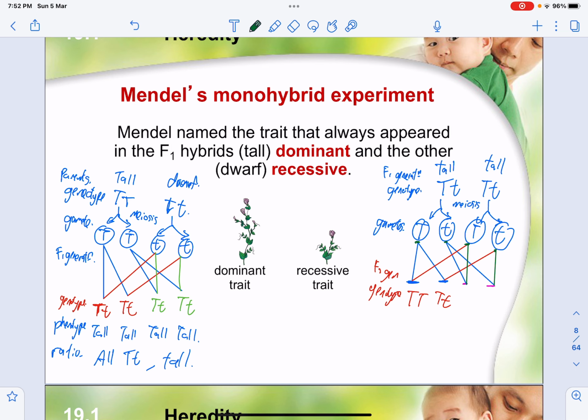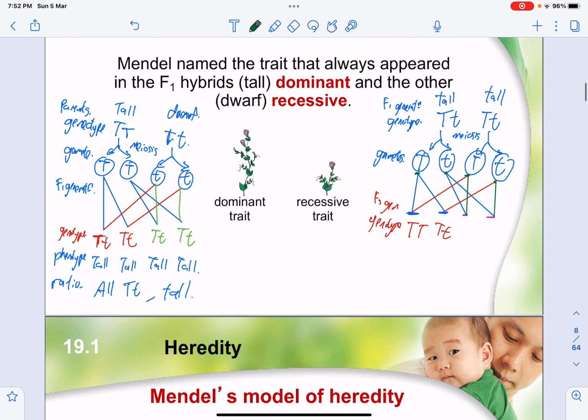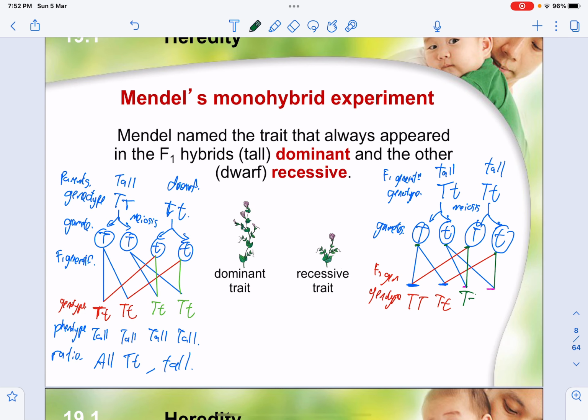So this one we'll see is capital T, small t, capital T, small t, small t. Now it's a rule of thumb that you have to put the dominant allele first, then the small allele. You cannot put small t, big T. That's wrong.